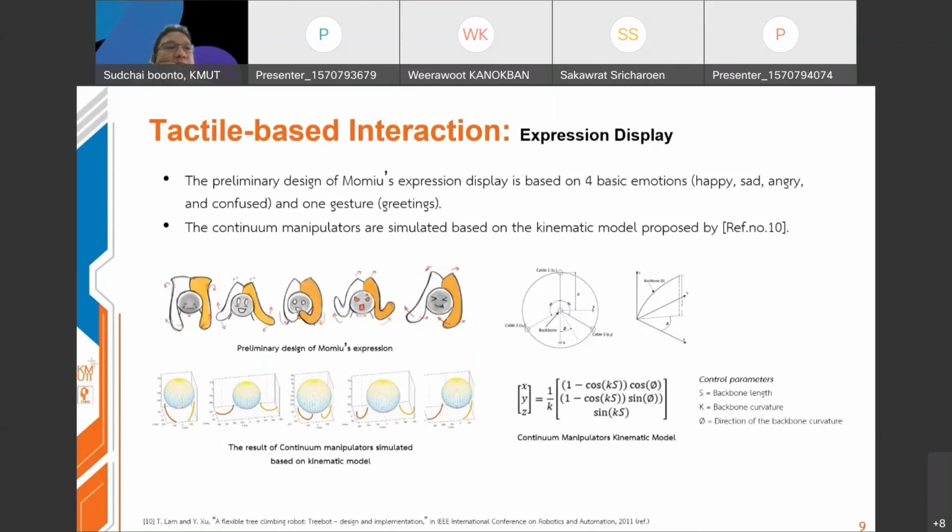The purpose of the simulation is to select the set of control parameters that best represent each expression. The control parameters of the continuum manipulator consist of S, the backbone length, K, the backbone curvature, and theta, the direction of the backbone curvature. The result of the kinematic model simulation is shown in the picture on the left side below.